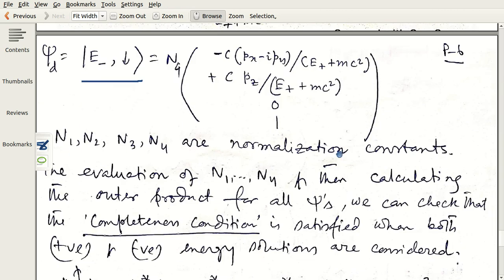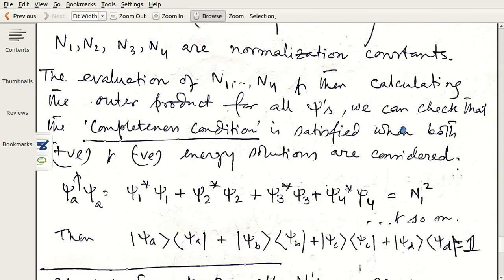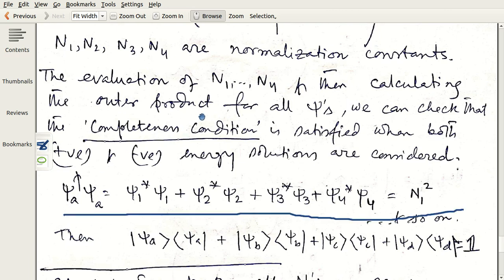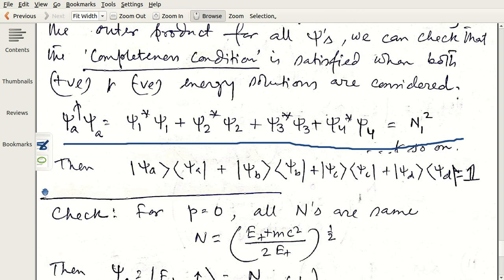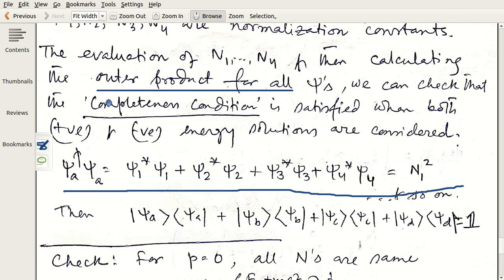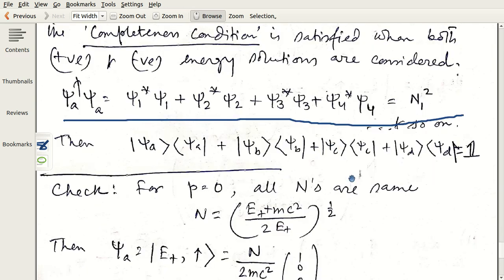So these n's are the normalization constants, and you have to evaluate them by using this expression, and you know how to evaluate it. And then if you consider the outer product for all the column vectors, all the psi's, then you see that the completeness condition is achieved.